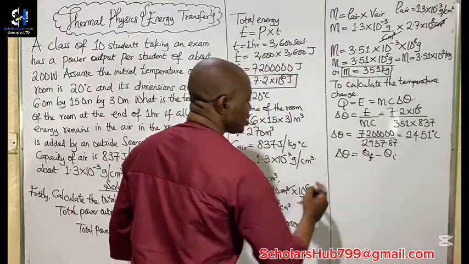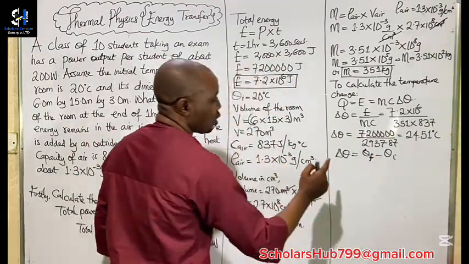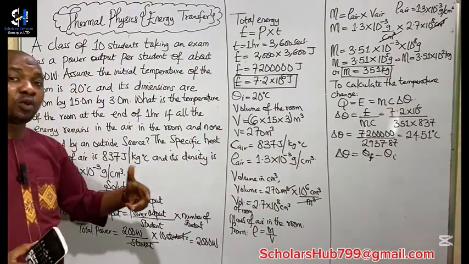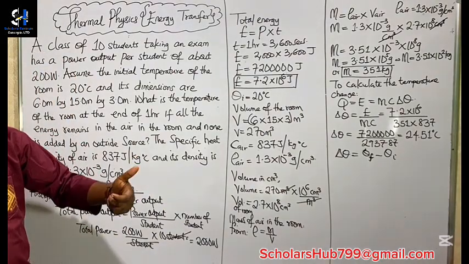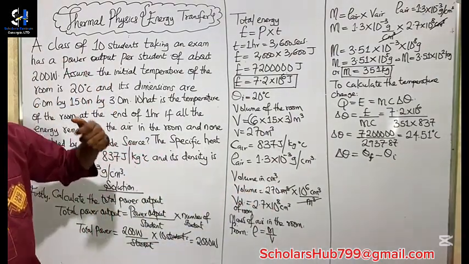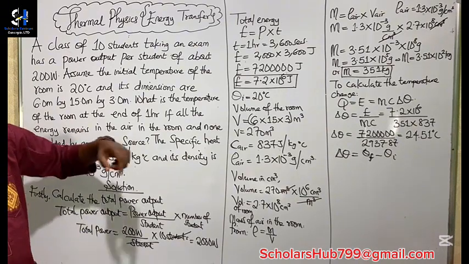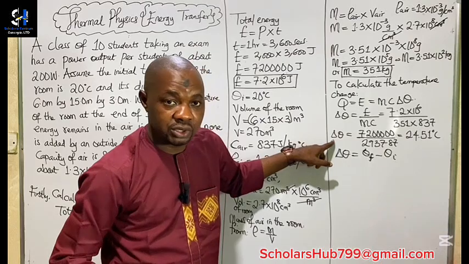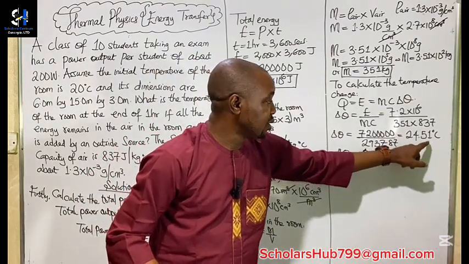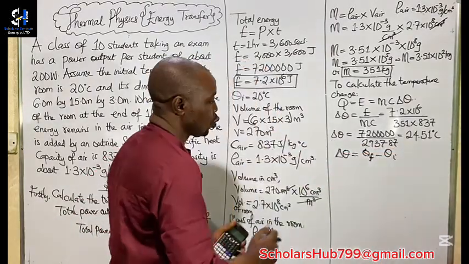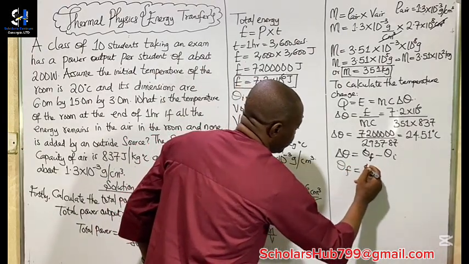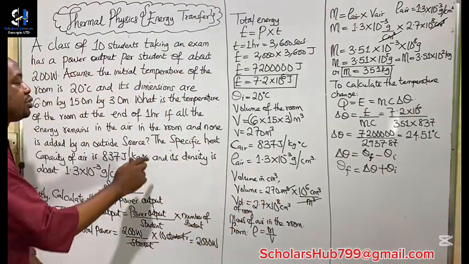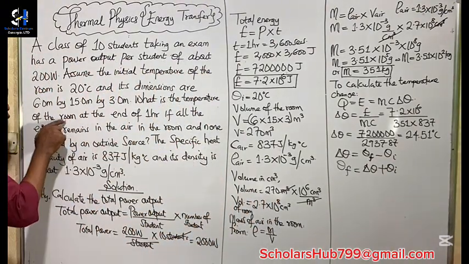To calculate the final temperature, which is what is asked, the temperature of the room at the end of 1 hour, we use the change in temperature we just calculated, 24.51 degrees Celsius. So the final temperature will be change in temperature plus the initial temperature. And this final temperature is what we are required to find.